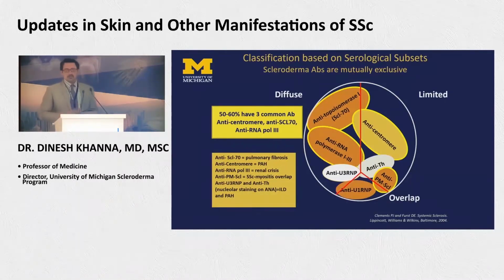And we heard quite a bit about autoantibodies by Dr. Otis, and in scleroderma too, like myositis, autoantibodies are quite informative. If a patient has anti-topo1 or anti-RNA polymerase 3, they are more likely to have diffuse cutaneous scleroderma compared to centromere antibody, where they have limited cutaneous scleroderma.